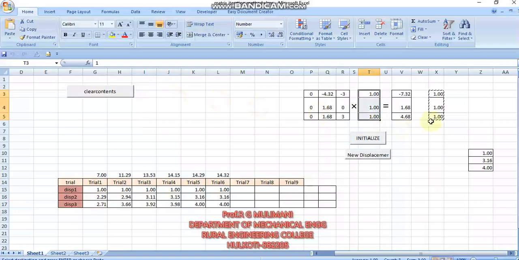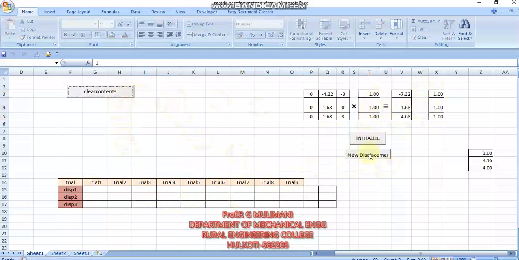Okay, so it is minus 2.91, 7.38 outside is minus 7.38, so the first new displacements are minus 1, 0.23, 0.64.